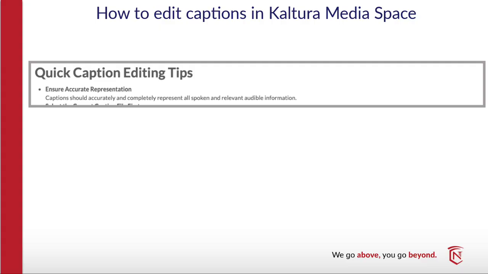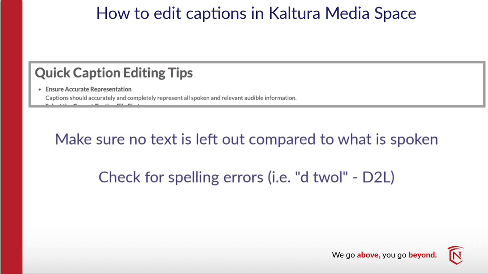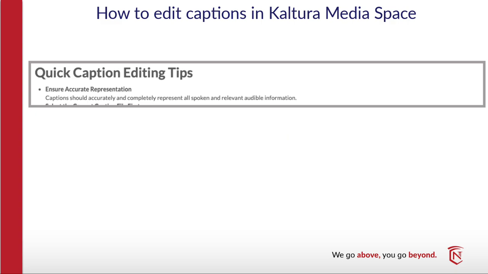Captions should accurately and completely represent all spoken and relevant audible information. So generally, make sure no text is left out compared to what is spoken, and check for spelling errors. One example is when D2L is spoken, it is often written out wrong. Be aware of similar examples.